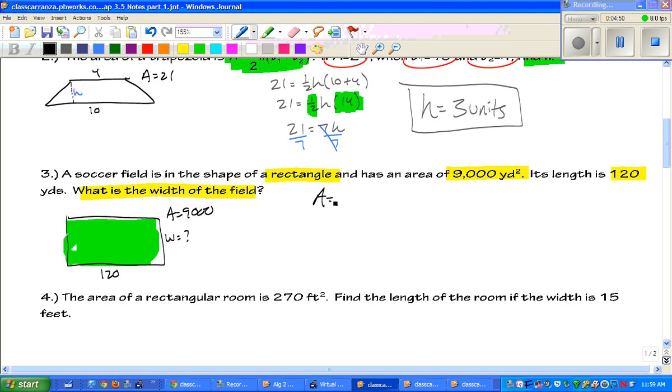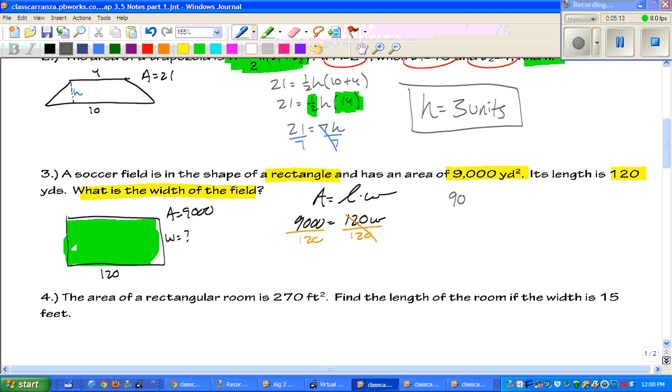So one of the things that you need to know, area of a rectangle, length times width. The area is 9,000, the length is 120, and we're looking for the width. So I'm going to divide by 120 to solve for the variable.